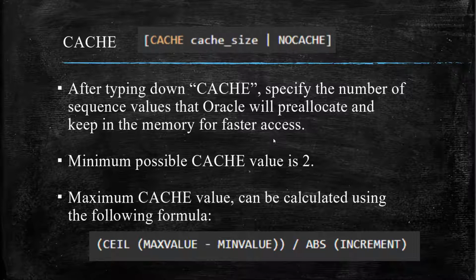Then we got the cache value to specify. It's basically the amount of memory that we want to pre-allocate for faster access. The minimum possible cache value is 2, and the maximum cache value can be calculated by the following formula.